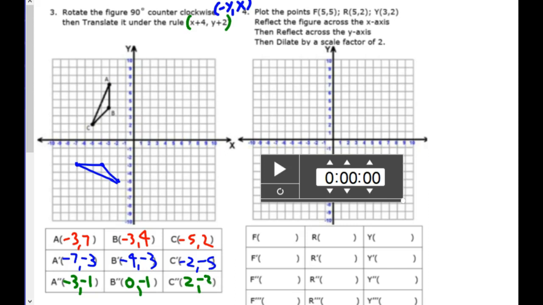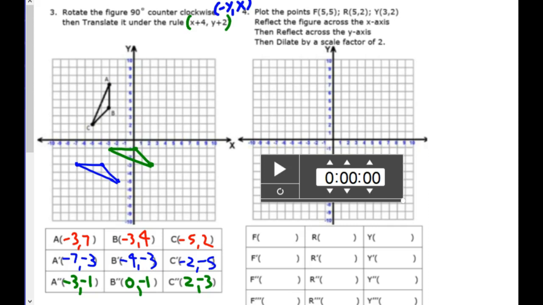Negative 5 plus 2, negative 3. Okay, whether you can do that mentally or with the calculator. And then graph them. So negative 3, negative 1, 0, negative 1, 2, negative 3. And that looks shifted over, okay? Cool. So make sure you have those graphed.